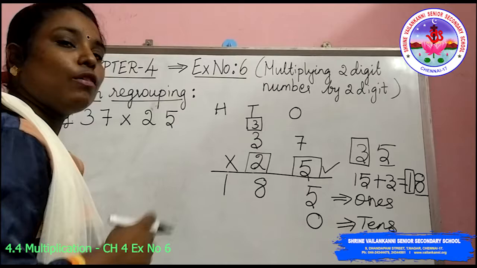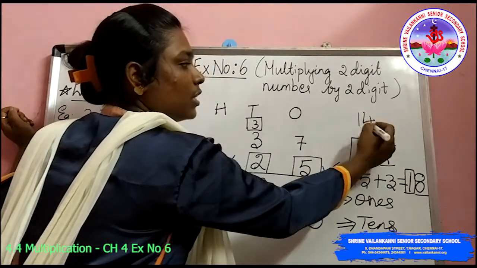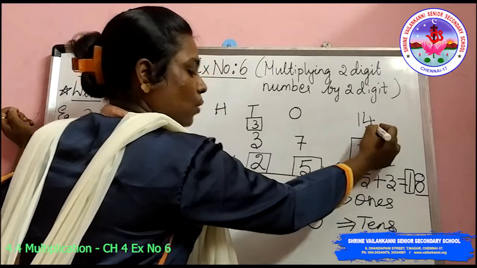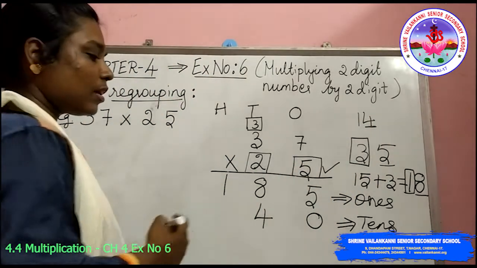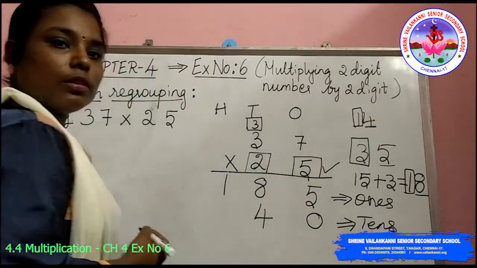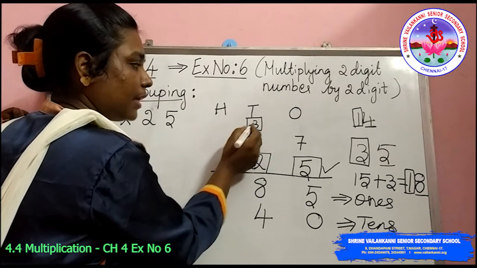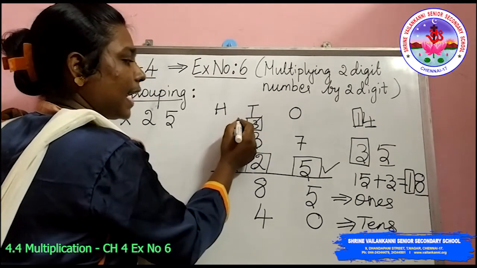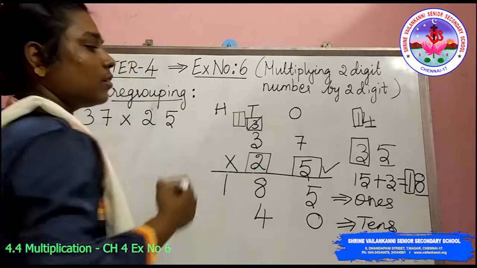2 sevens are 14. Again this 14 is a 2-digit number. So 4 is the ones place, I have to write it here, and this 1 has to be carried forward, no? I have already carried forward 3 here. Just write that and write the 1 next to it.